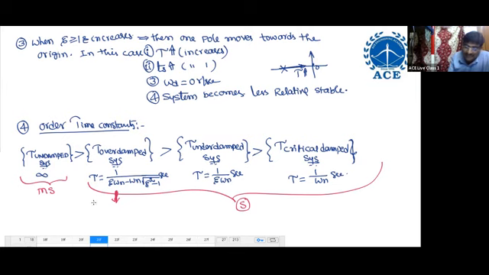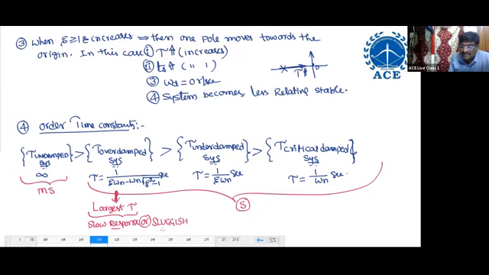The system which has the largest time constant, largest tau, is called a slow response system, or sluggish system.